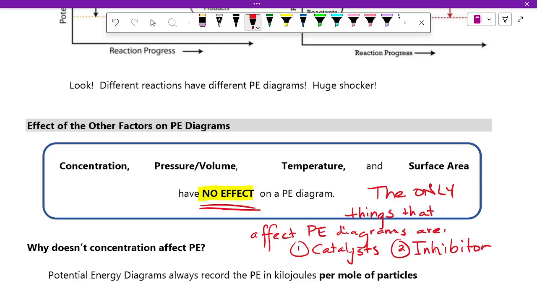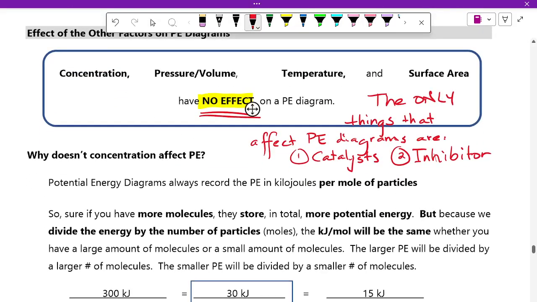Okay? So catalysts make the peak higher. No, sorry, peak lower. Inhibitors make the peak higher.